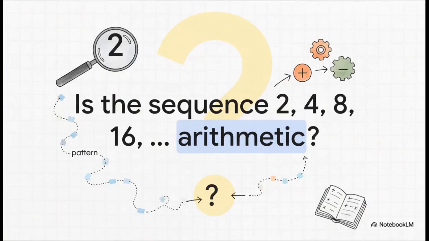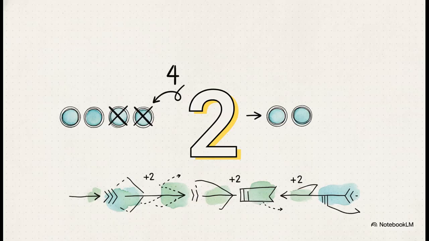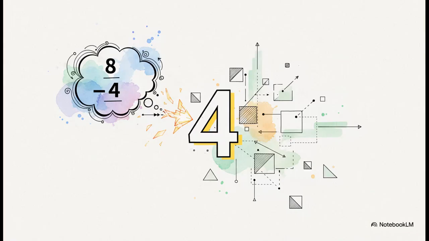Done. All right, example number 2. What about this sequence? 2, 4, 8, 16. It's definitely a pattern, right? But is it an arithmetic pattern? Let's use our rule and find out. We have to check the differences. So first, let's do 4 minus 2. That gives us 2. Okay, so far so good. Maybe d is 2. But hold on.